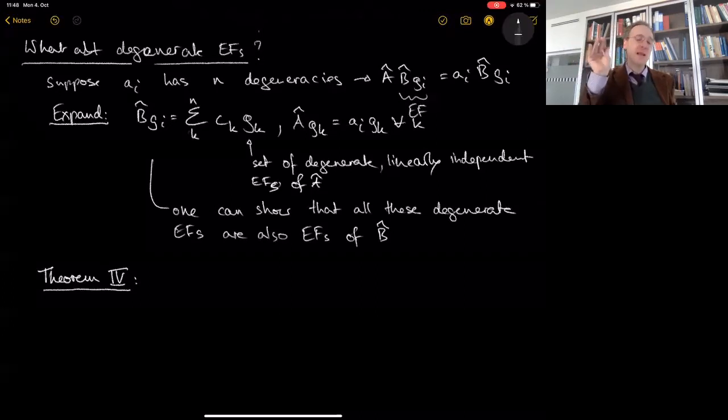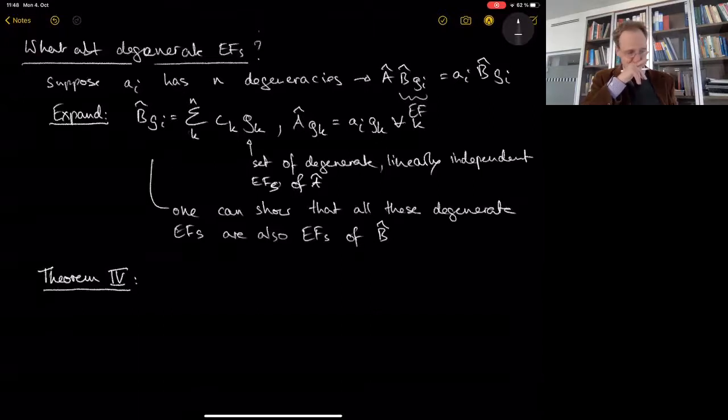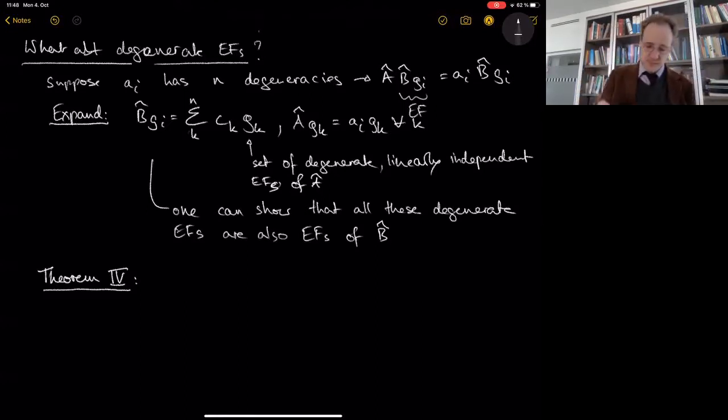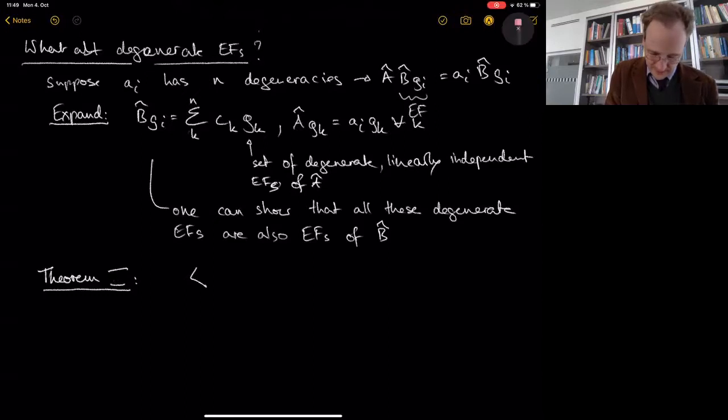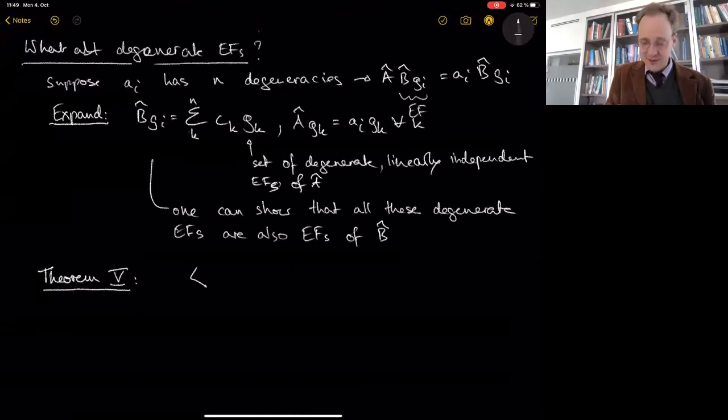B just has to be linear. But A has two eigenfunctions. And if A commutes with B, then it turns out that the expectation value for B will be 0. So, I'm sorry, you just wrote Theorem 4 again. I think you meant 5. Oh, I'm sorry. Yes, absolutely right. Thank you. So let's write that out.